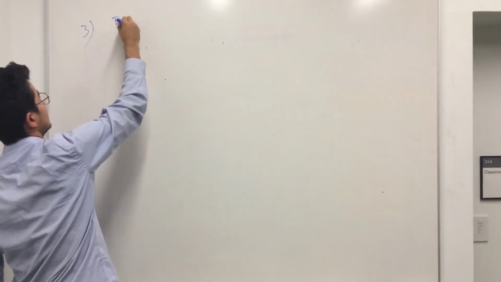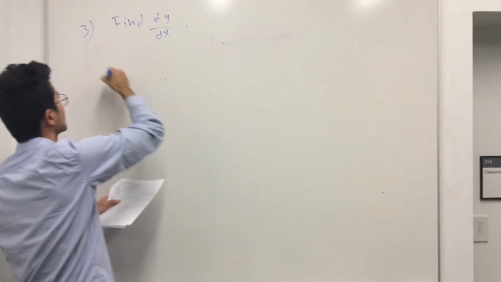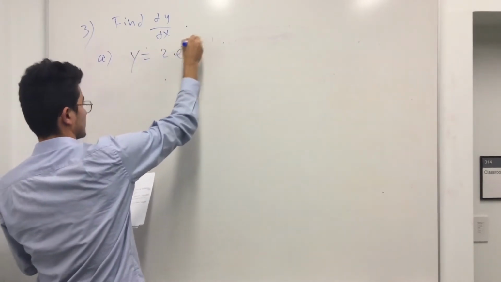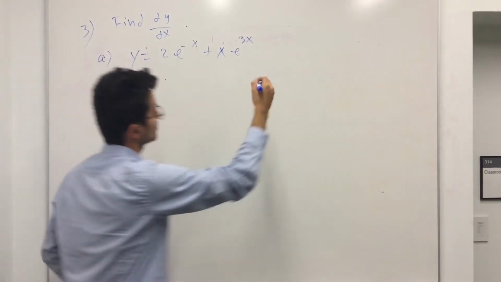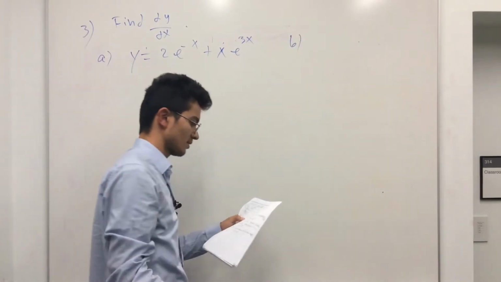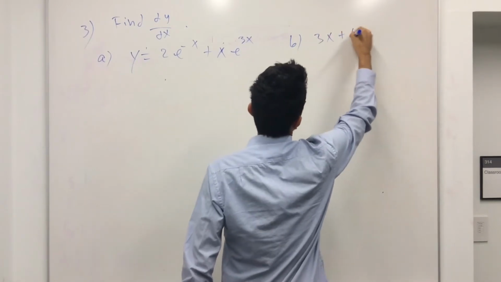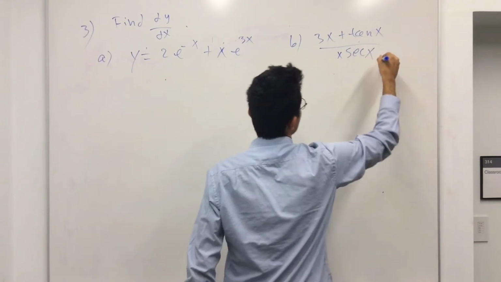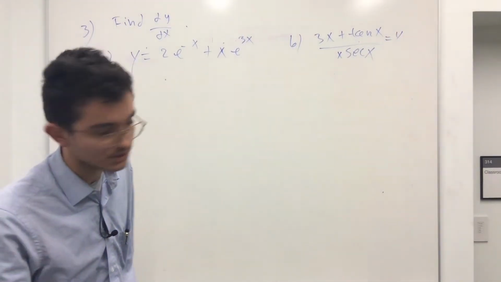So find dy over dx of a: y equals 2e to the negative x plus x e to the 3x. And for b, we're going to have 3x plus 2 tangent of x, all of that divided by x secant x.